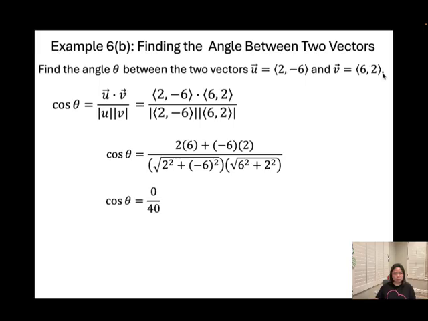You should get 0, right? And theta will be 90 degrees. So it means u and v are perpendicular to each other.